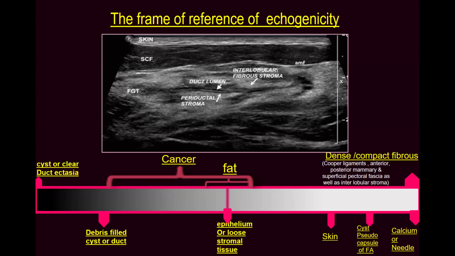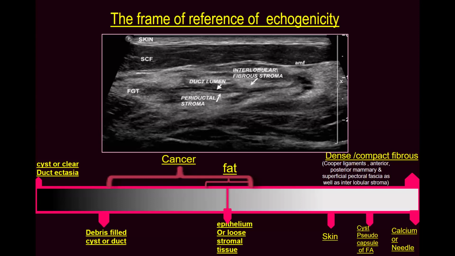We have to go through this image. Do you remember the scale of echogenicity? Because we are talking about structures, and to remember the echogenicity of each structure, let us revise this scale again.